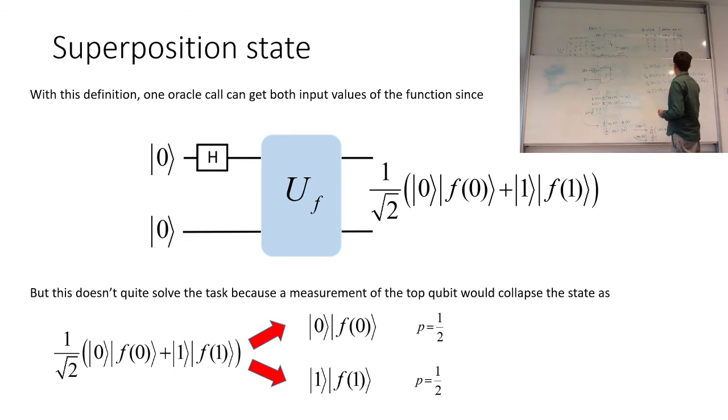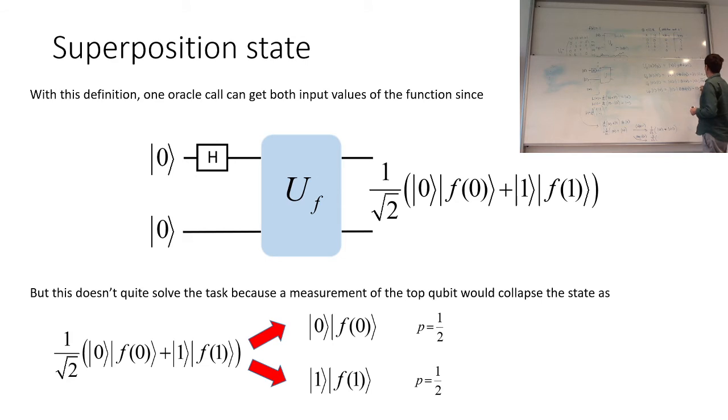Sorry, I didn't quite do it right. x is 0, so this is f of 0. For 1, 0 this is 0 plus f of 1, because x is 1.